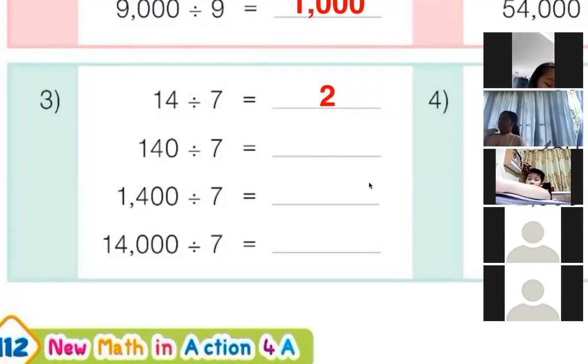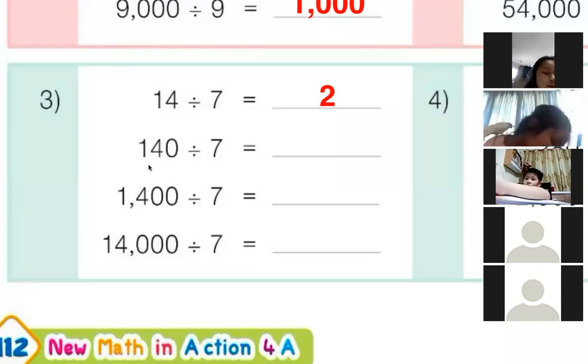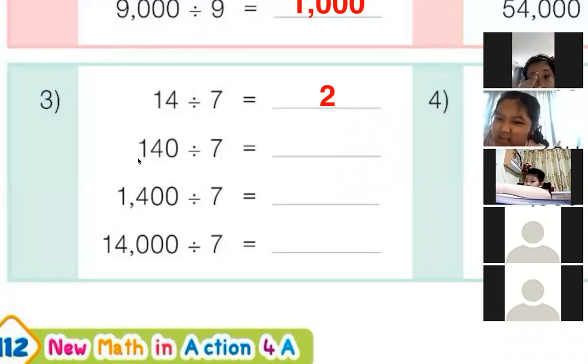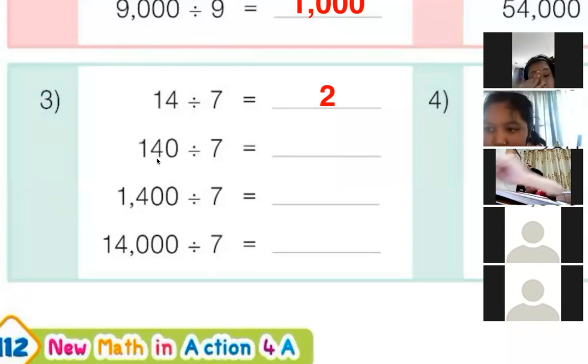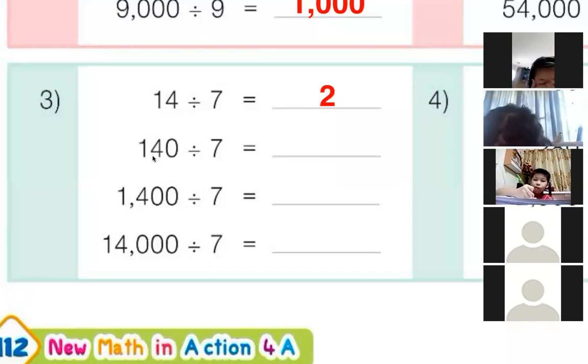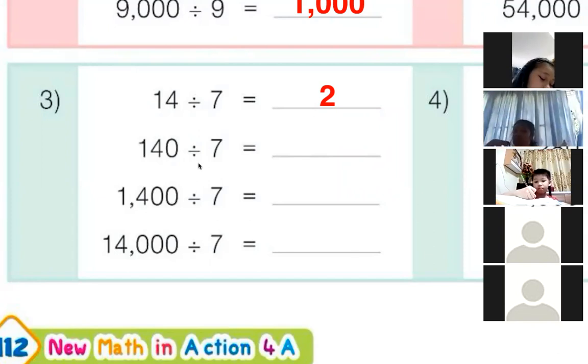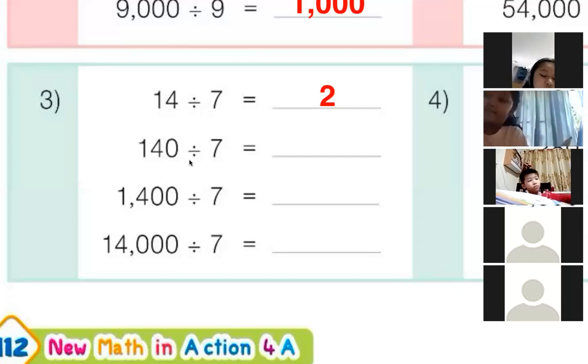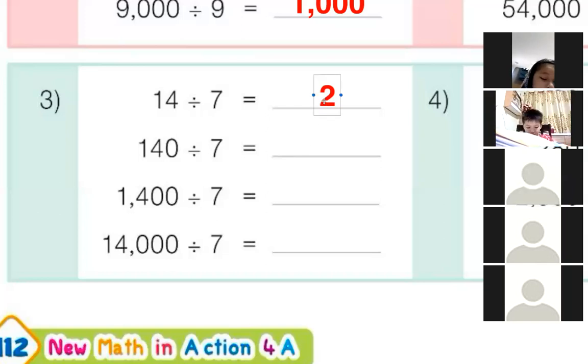Good job. Okay, one more program. Read. 140 divided by 7 is 20.